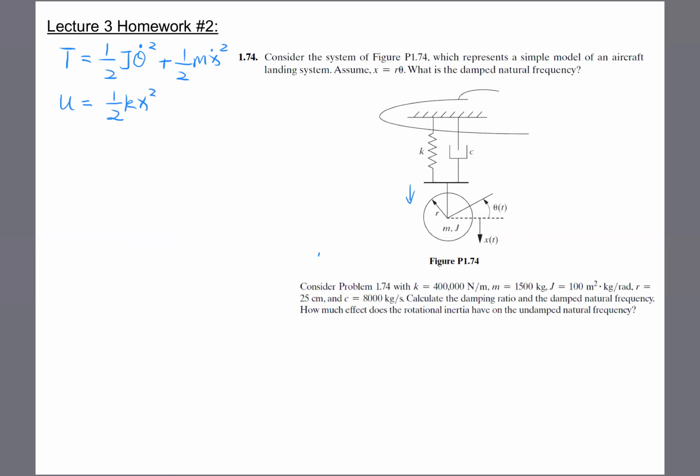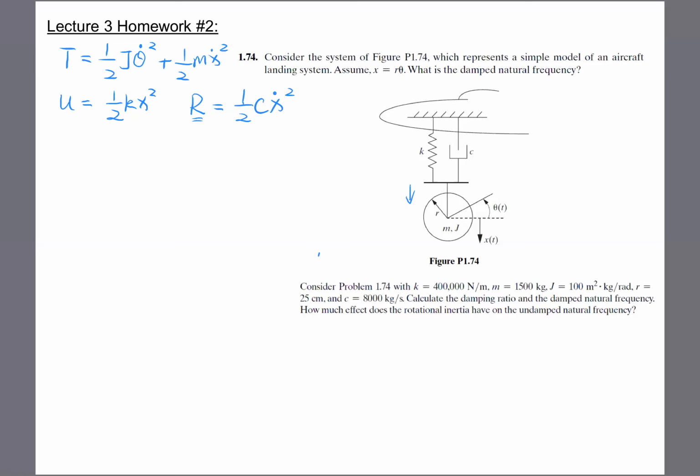And because we have damping in it, we have to use the Rayleigh dissipation function. Here I'm using the script symbol R. So that's half c x dot squared.